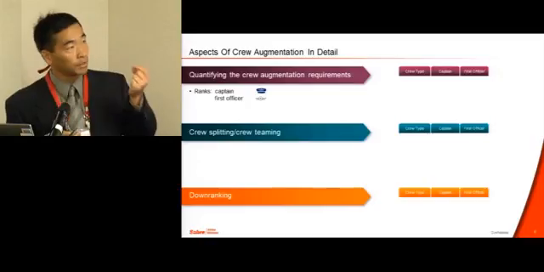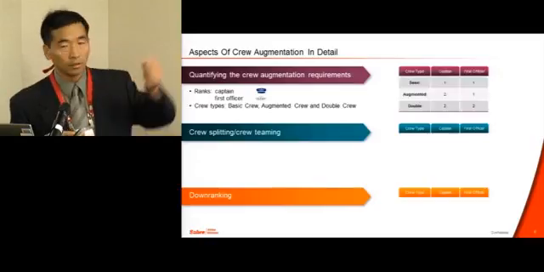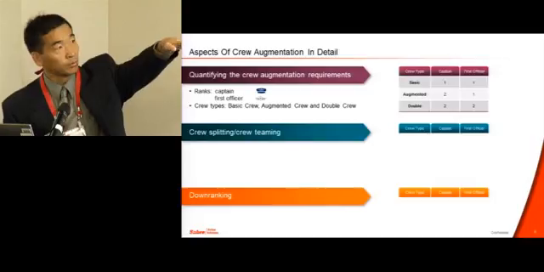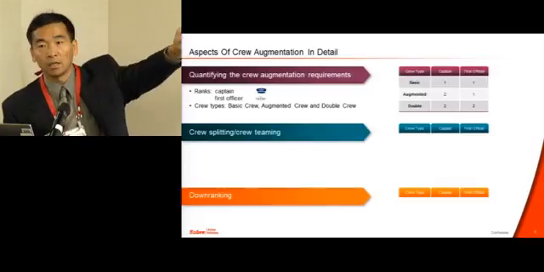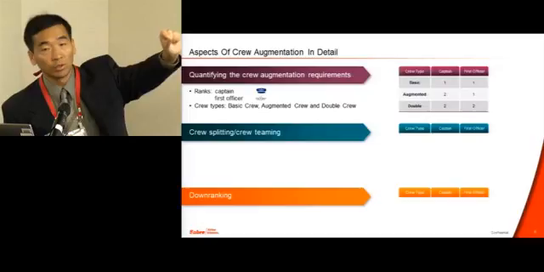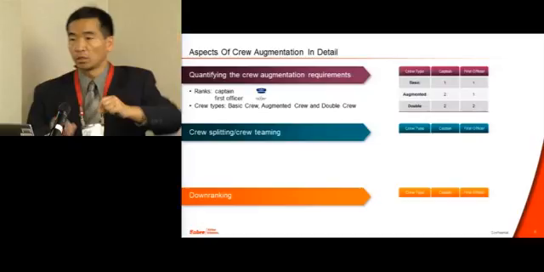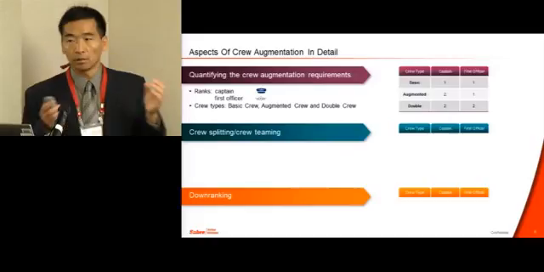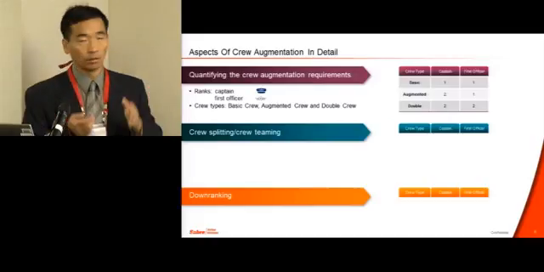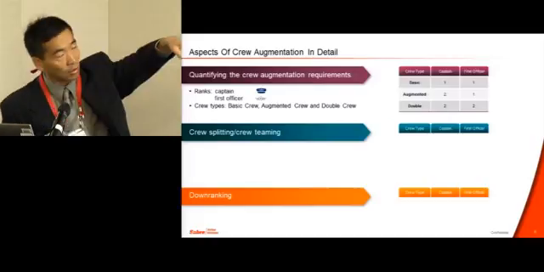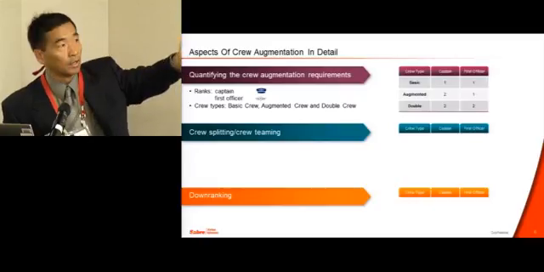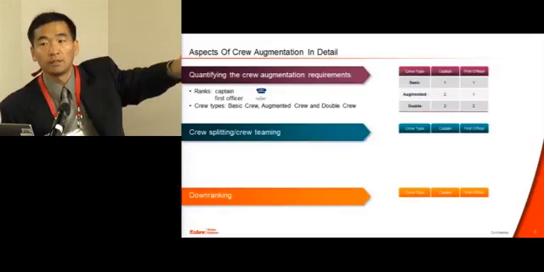So we're seeing here three different crew teams, or what we call crew types. The basic crew type consists of one captain and one first officer, a crew type all flights need. For longer flights and longer duties, an augmented crew is needed, where you add one captain to the basic crew. And the third crew type is the double crew, where you add yet another first officer to the augmented crew.